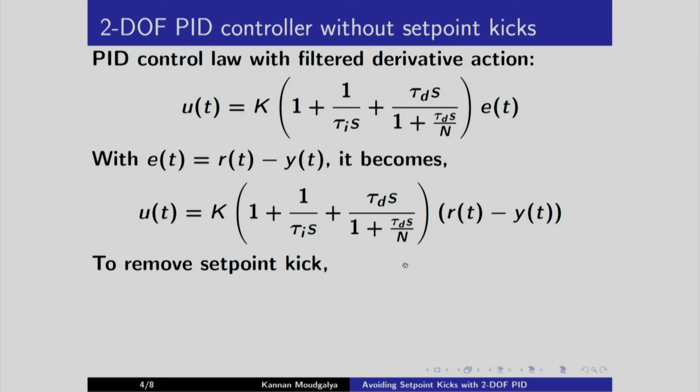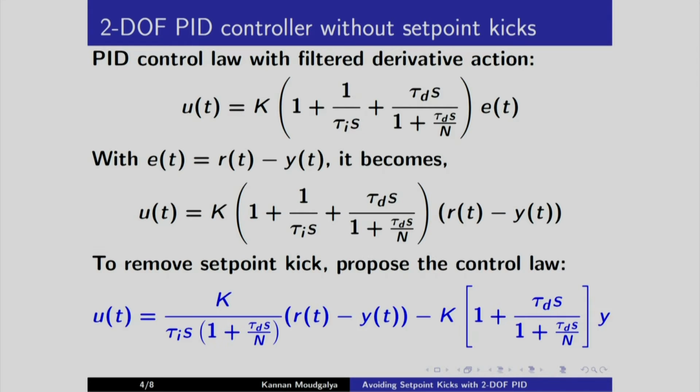To remove the set point kick, we propose the following form. What we have done is, we have dropped a few terms. For example, the reference signal or the set point signal does not come in this at all.